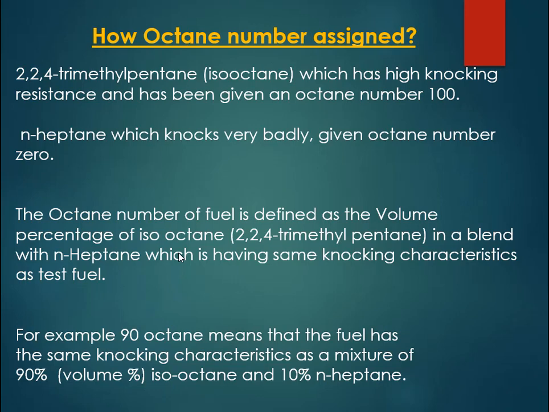So for example, any fuel having 90 octane has the same knocking characteristic as a mixture having 90% isooctane and 10% N-heptane.